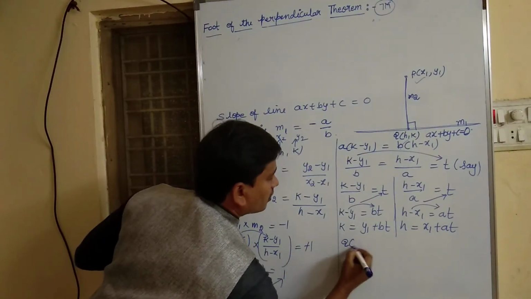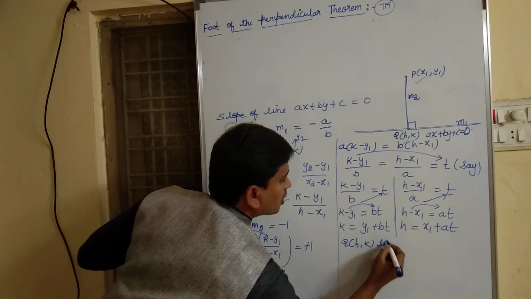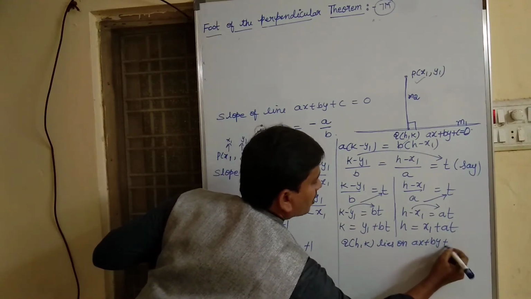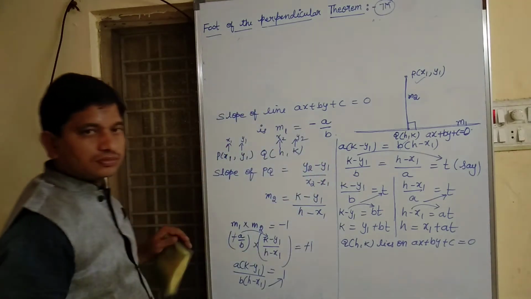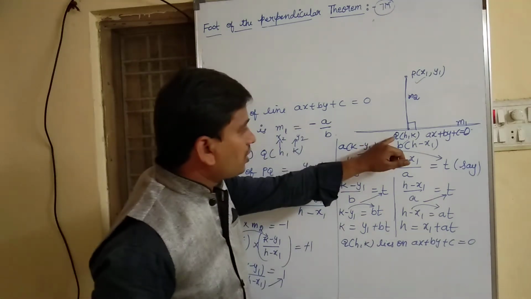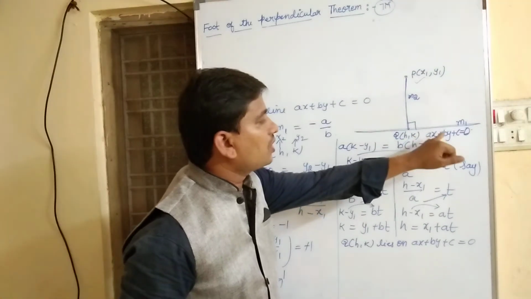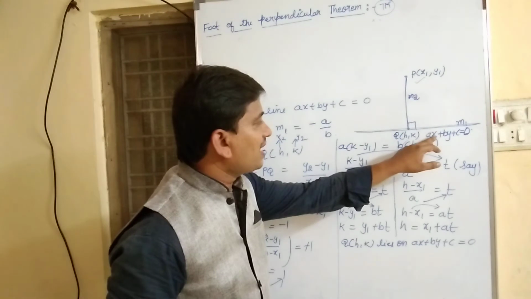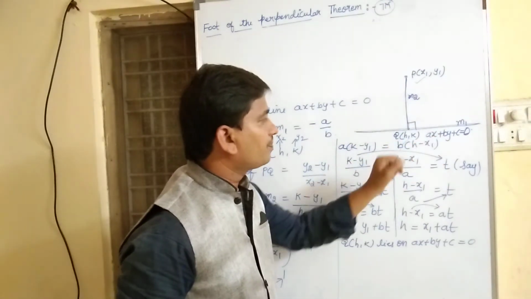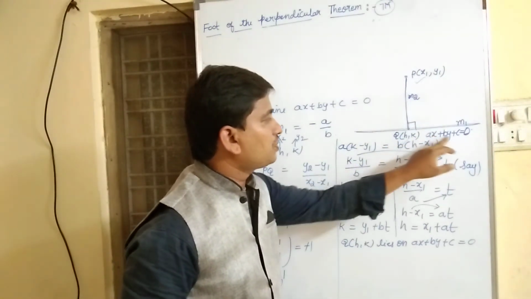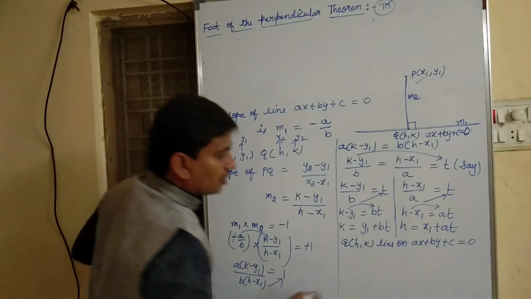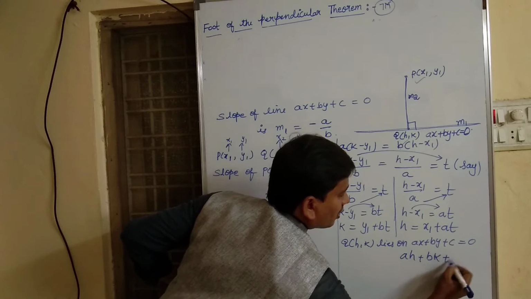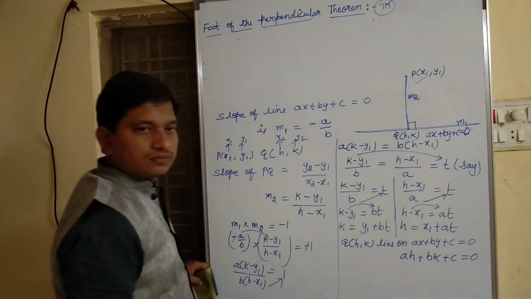If the point Q of (h, k) lies on ax plus by plus c equal to 0, then in place of x we need to substitute h, in place of y we need to substitute k, children. a into h plus b into k plus c equal to 0.